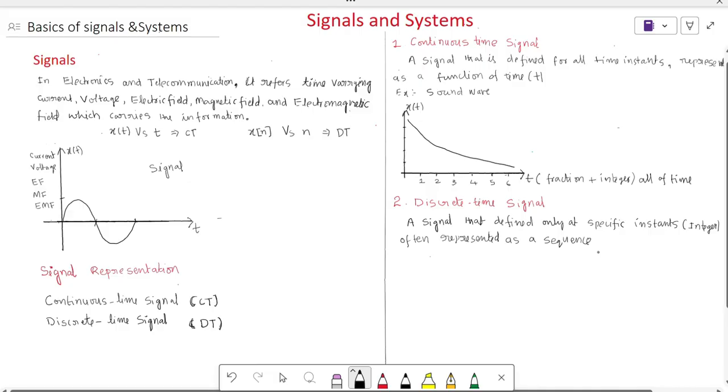Whenever he uses the signal term, maximum it may be continuous time. So sequence of values. So coming to the example, you know that stock prices, stock market, is it? In stock market, you know, the stock prices.